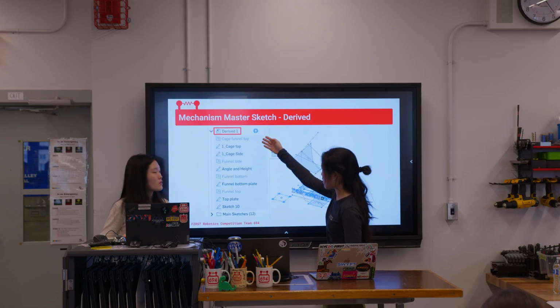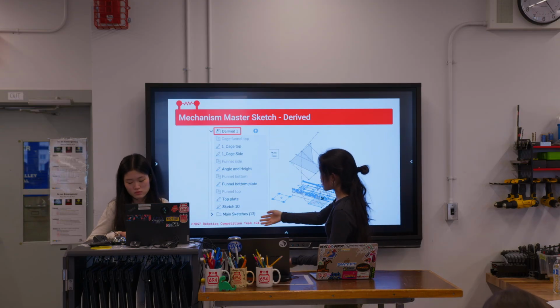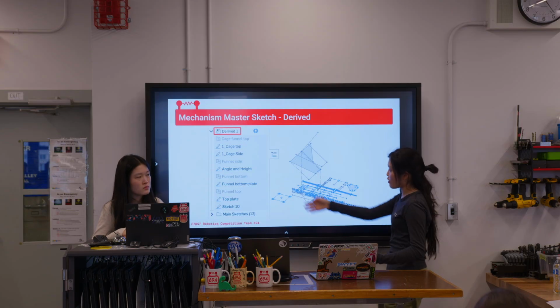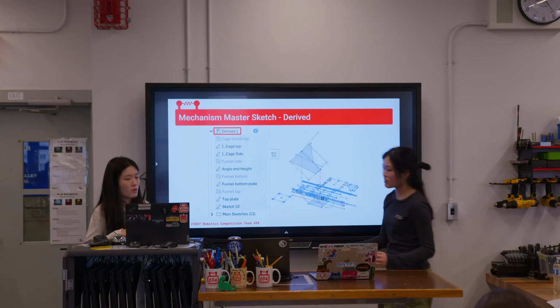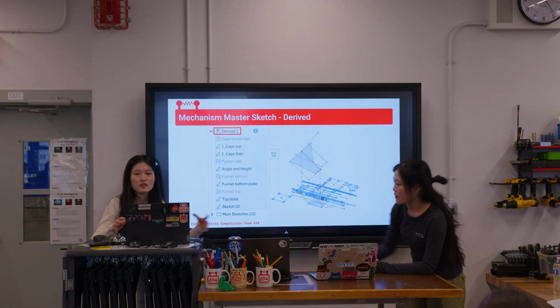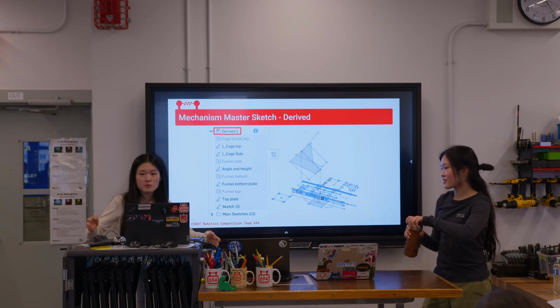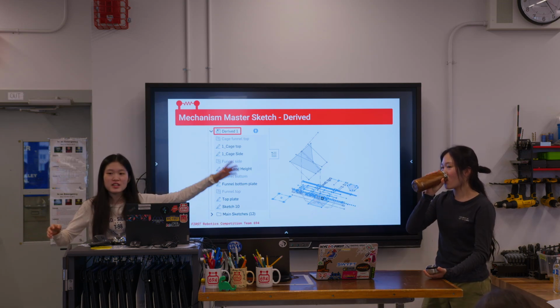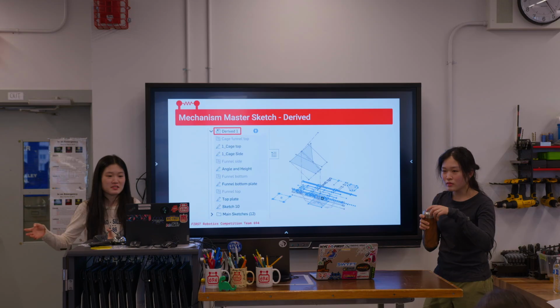I imported all the important sketches, like the funnel sketches obviously, and a bit of the climb, so I just imported the things that I really need. On the main document, you'll make your robot master sketch, and then in your separate mechanism document, you'll bring in that robot master sketch to make your mechanism master sketch.